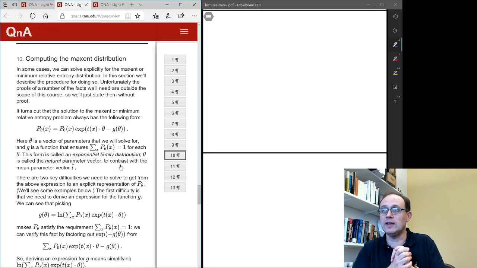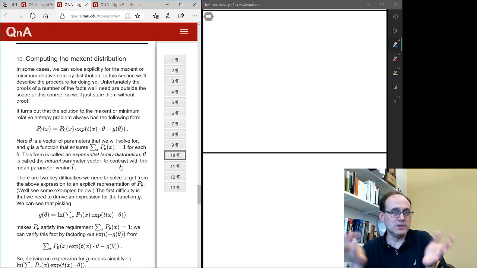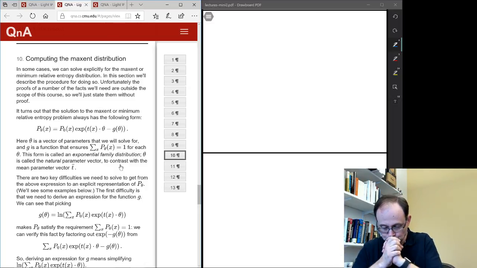And let's talk now about how we would actually go about computing that. In other words, if we know our set of possible outcomes, they could be, let's say, the integers 1 to 10, or all of the integers or all of the real numbers, but let's stick with a small finite set for now. So we know our outcomes and we know the features that we're going to use.